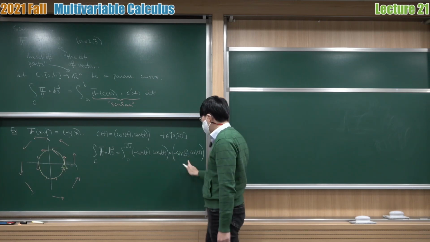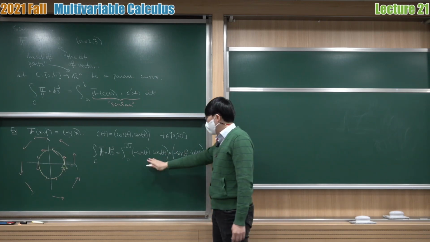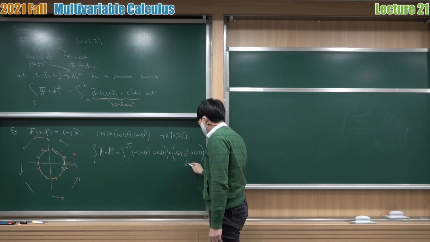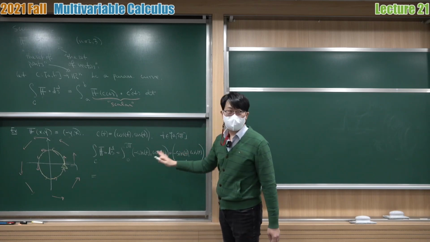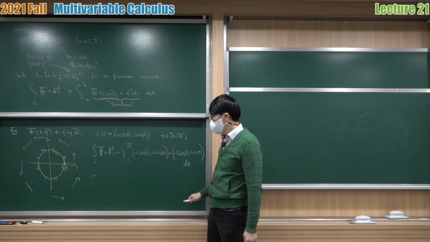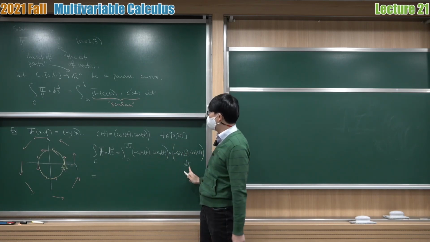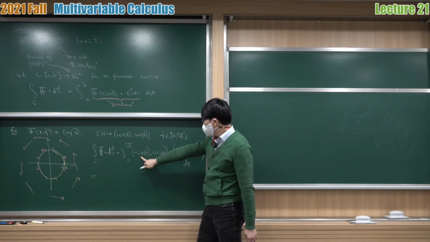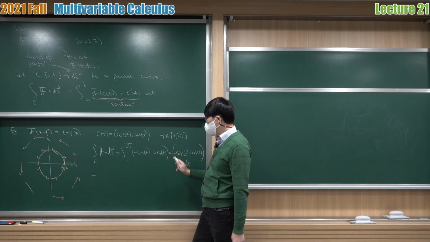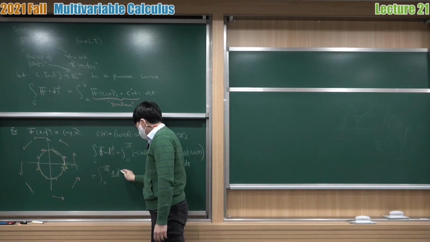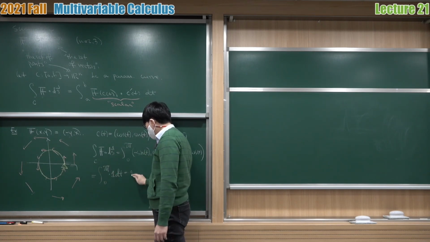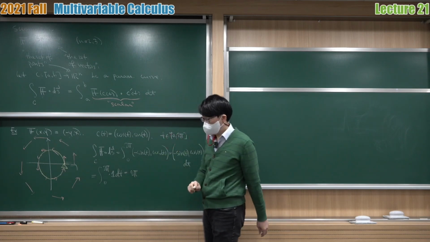So I have an inner product between two vectors. That gives a scalar, and I'm going to integrate it. Basically, it's not just a constant number, it's a function of t. So we have sine squared plus cosine squared, which is 1. So I'm integrating 1 from 0 to 2 pi, and I get 2 pi.